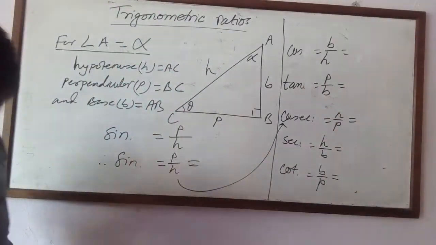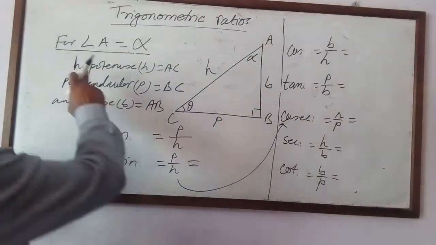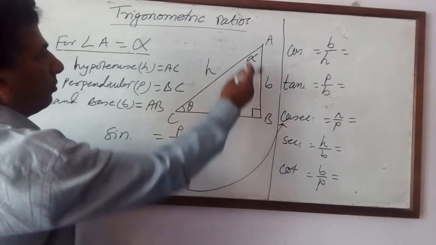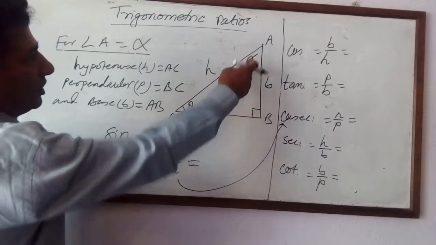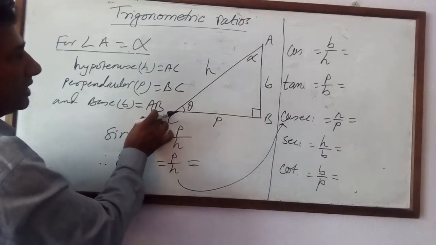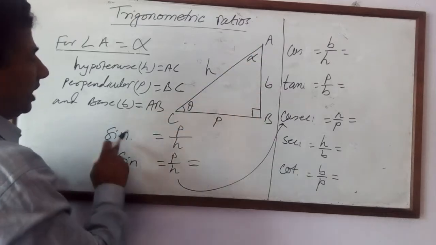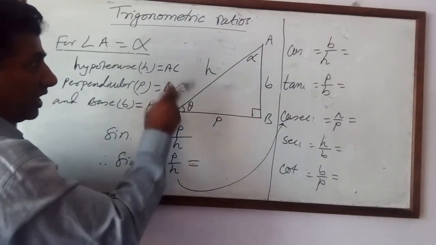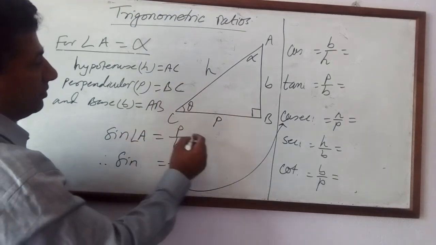Now I have taken another angle A. For this angle A, hypotenuse AC is the same for all, no change. For this angle A, perpendicular P will be BC. The opposite side will be perpendicular, and the base is always the side on which the angle stands, that is AB. Now sine: previously we had taken angle C, now I will take angle A. Now angle A, P by H. Which one is P?